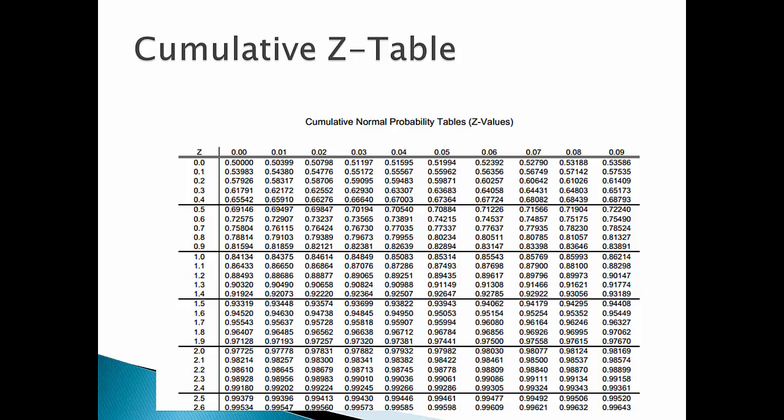Okay, so how do we use this? Well, the first column refers to the first number and first decimal point of the Z value you're after. The first row refers to the second decimal place of your Z value. And the numbers inside the table are the cumulative probabilities. So back to our cumulative probability exercises. What is the cumulative probability of Z equals to 0?